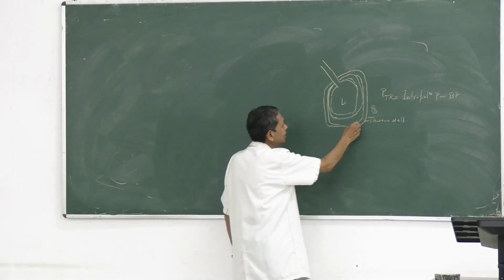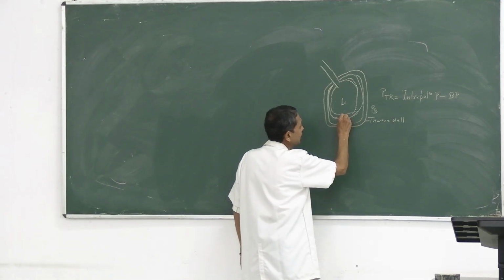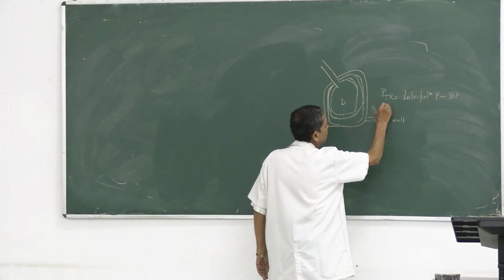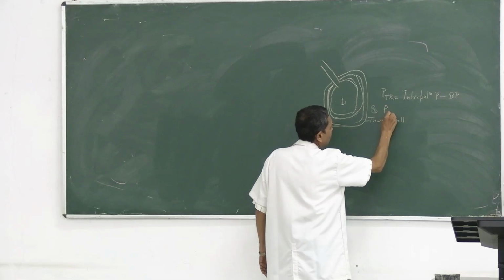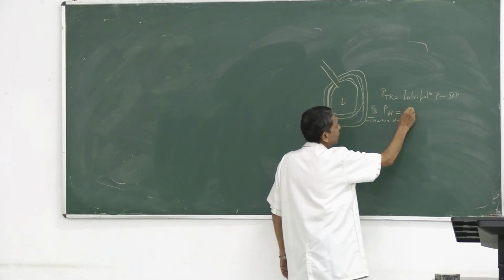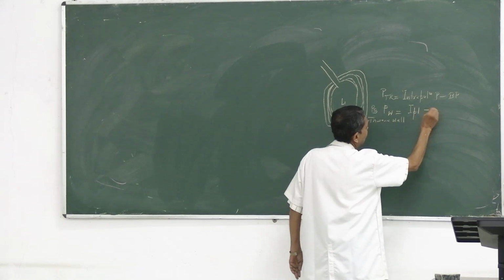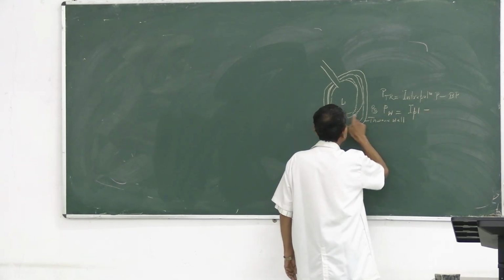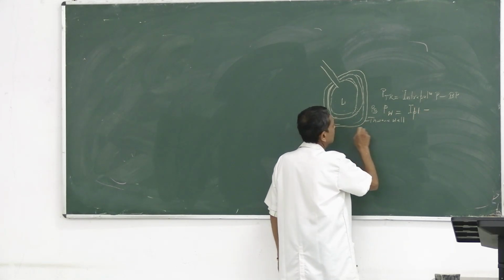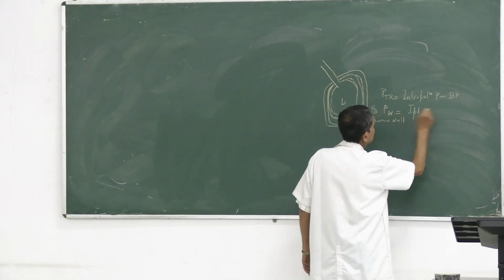And in case of the chest wall, PW is the intrapleural pressure, IPL, minus the barometric pressure.